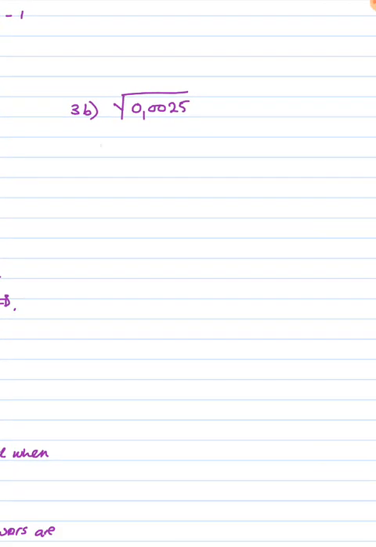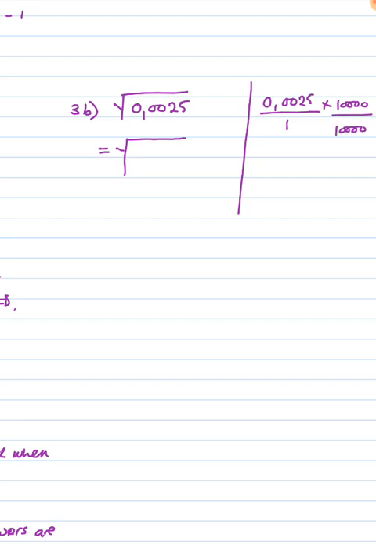So it is equal to the square root of 0.0025, and we want to change it to a fraction. So we are going to multiply by 10,000, we move 1, 2, 3, so we want to move 4 places.